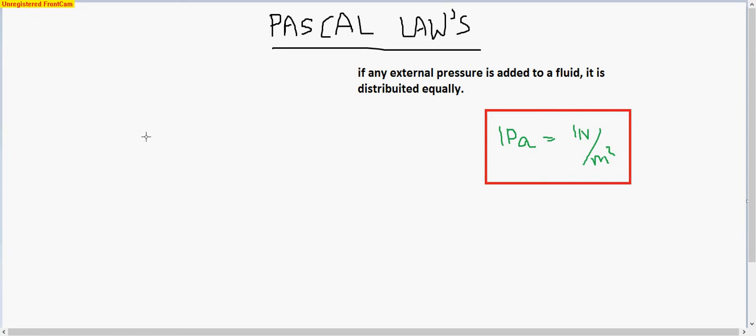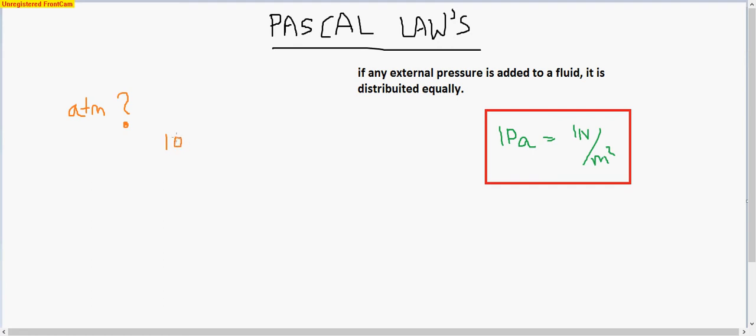Now you might have heard the word atmospheric pressure, or ATM. Now what is this ATM? ATM is also pressure, but it is a specific amount of Pascals.